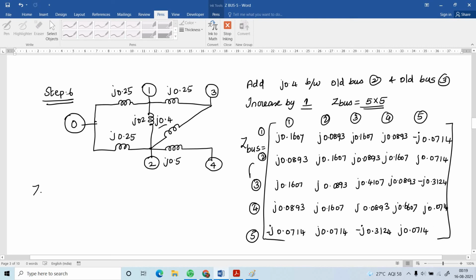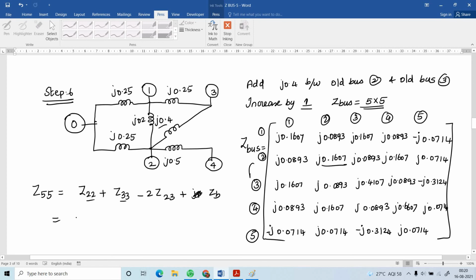Next find out Z55. As I have already told how to remember this. That is 2 and 3 both are the old buses connected together. How to write this? Z22 plus Z33 minus 2 into Z23 plus the element connected between two buses J0.4 or ZB. How to write this?